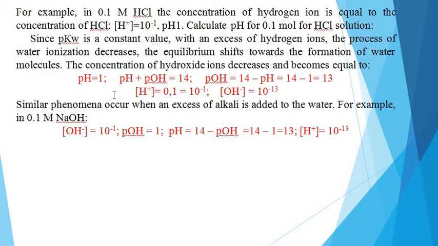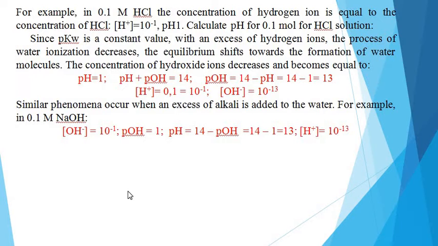If pH equals 1 and the sum of pH and pOH is 14, then pOH is found to be 13. The concentration of hydrogen ions is equal to the concentration of acid, so 0.1 or 10 to the minus 1 power, and the concentration of hydroxide ions equals 10 to the minus 13 power.